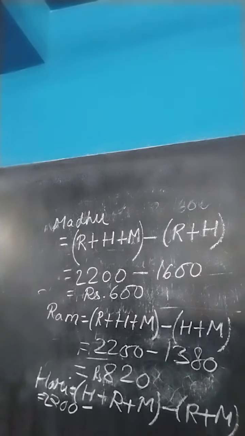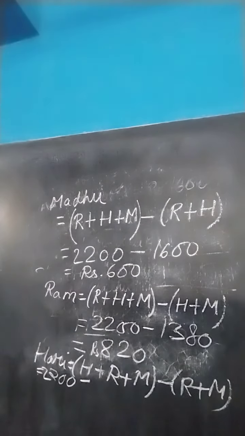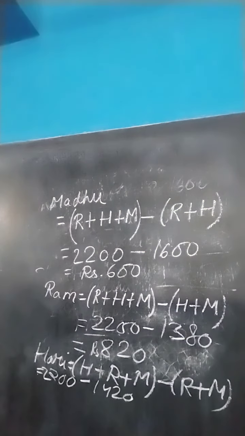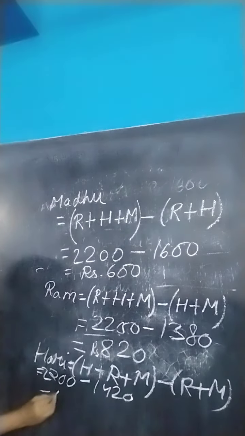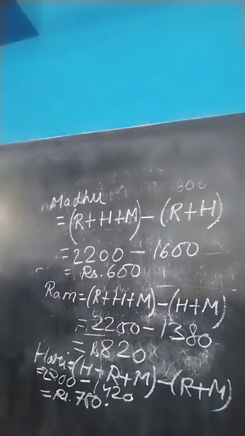So 1420 we will subtract, and we are going to get 780 rupees. That is Hari's amount. In this way, we are going to do the calculation of this sum.